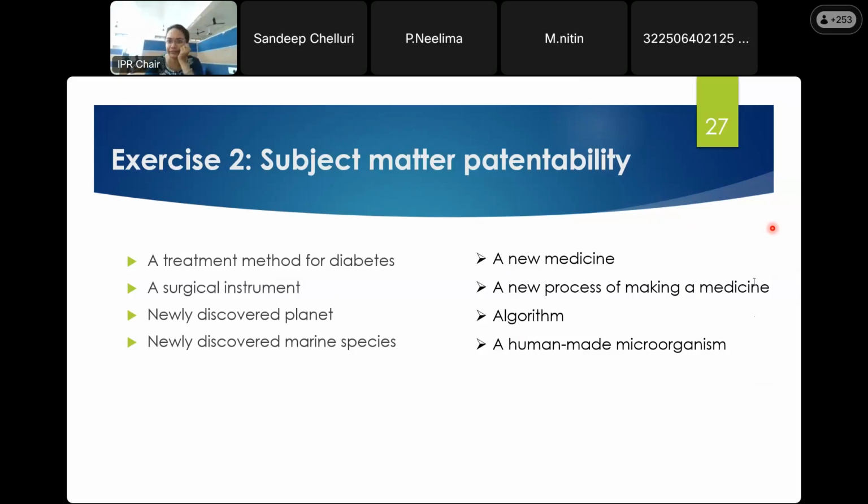2 yes. Yeah, you are right. 2 yes, surgical instrument is yes. First tell me about 1. 6 yes, 1 no, 2 yes. Excellent. 1 no, 2 yes. 3 no, yes.